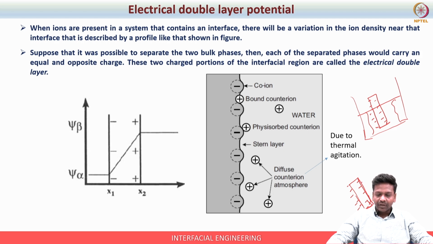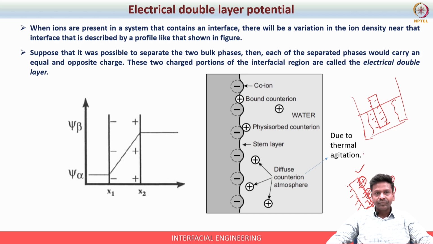You will have strongly bound counterions, or weakly bound counterions, or diffuse counterions. The diffuse counterions are held by electrostatic attraction, whereas the strongly bound ones are also bound by electrostatic attraction, whereas the weakly bound counterion is attached to the surface by physisorption, which is weak.